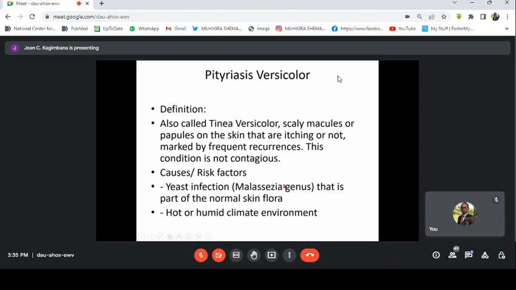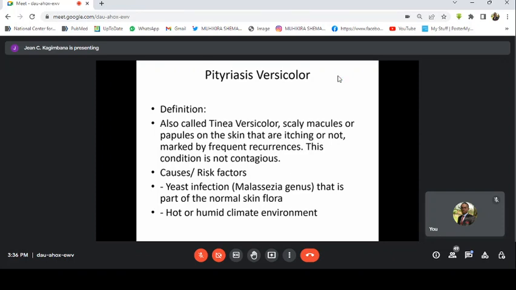Okay? You see, this Malassezia yeast may give different skin conditions. Seborrheic dermatitis, Candidiasis versicolor. It can even give what we call folliculitis Malassezia. It looks like acne. Okay? The difference with the acne, it itches.